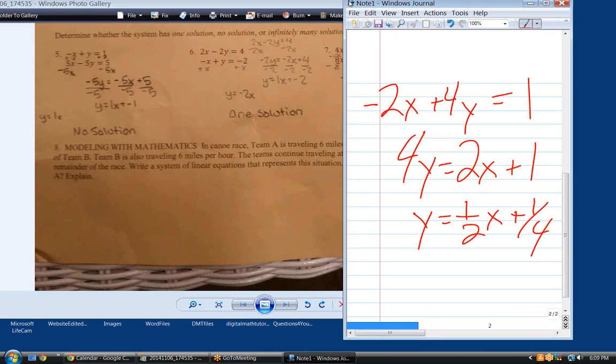Okay. Determine whether the system has one, none, or infinitely many. Well, let's see here.